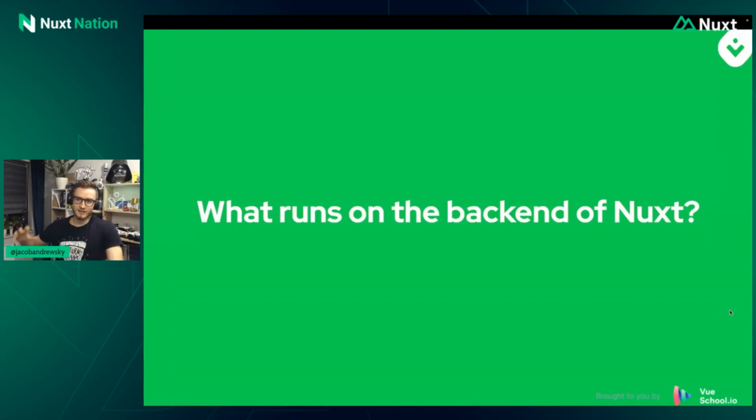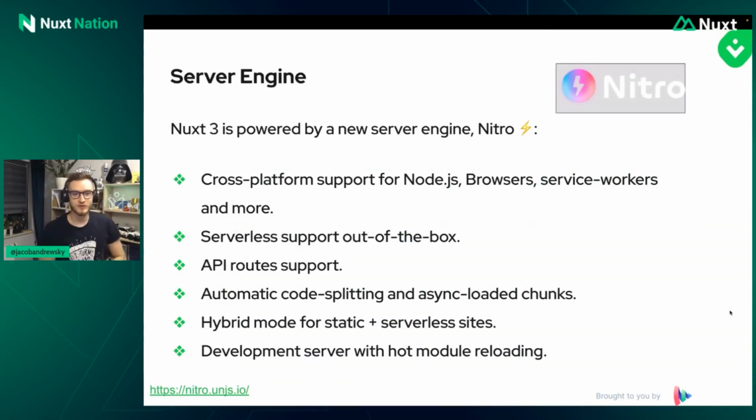But first, to answer this question, we need to answer one more question. What runs on the backend, or the server, of Nuxt? Nuxt 3 introduced a new server engine called Nitro, and Puya will be giving a full talk about the future of Nitro, so make sure to check it out as well.